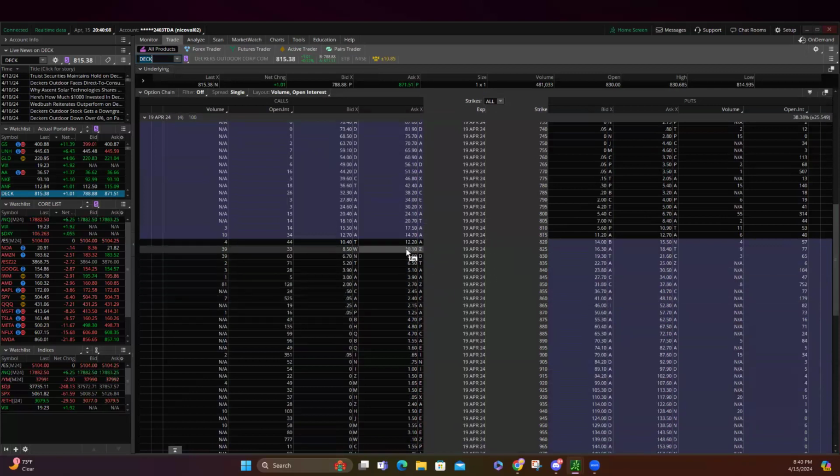Look how Deckers doesn't have much movement. Prices are really high. Deckers is the owner of Hoka, the shoes that kind of replaced New Balance for elderly people and people who wanted to walk.